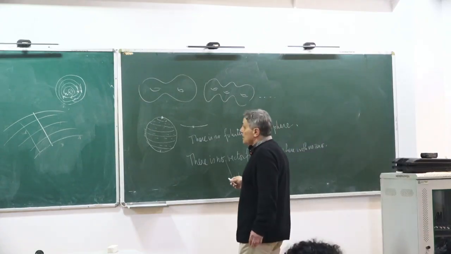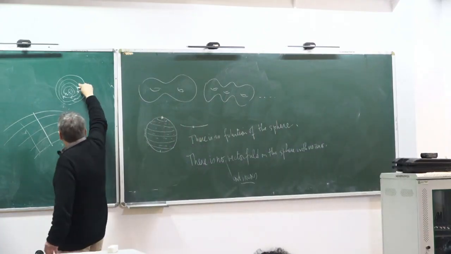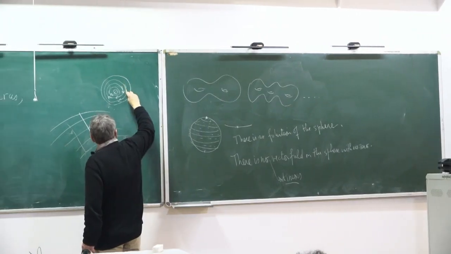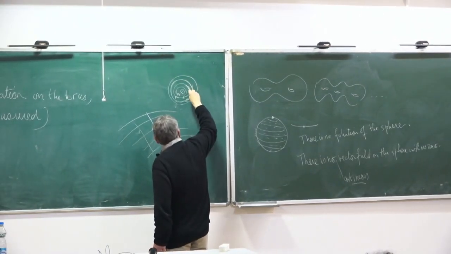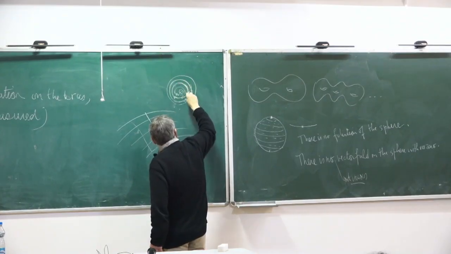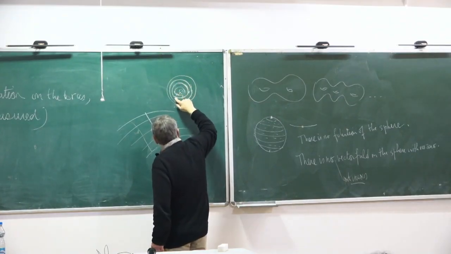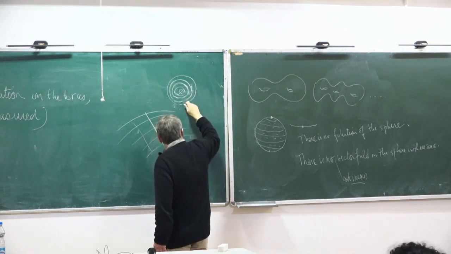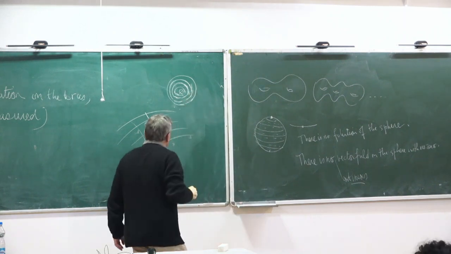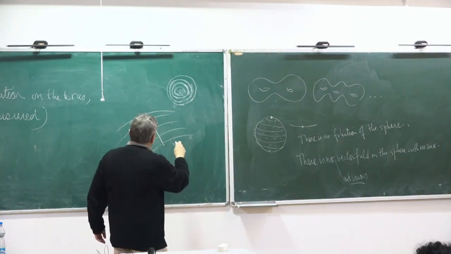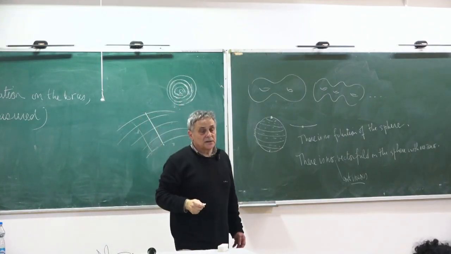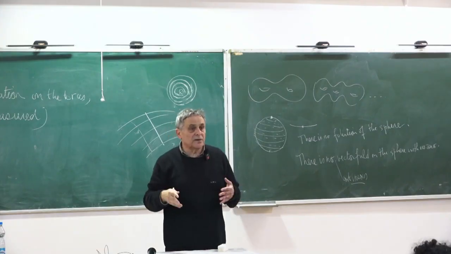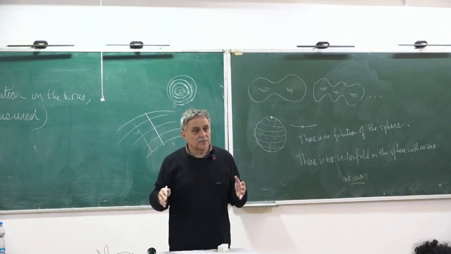The vectors give you integral lines to which the vectors are tangent, and then you forget about the orientation and you get a foliation. So if I have a foliation of the disk, it has to have singular points. Singular points mean just points where the foliation is not a foliation.